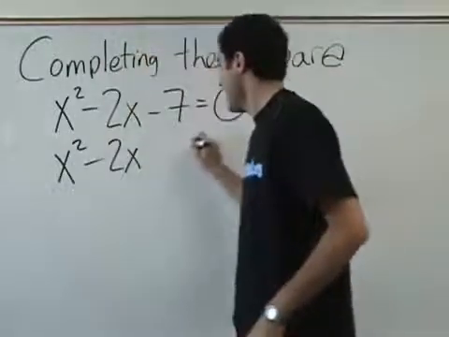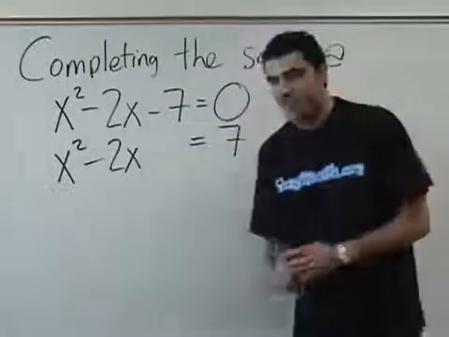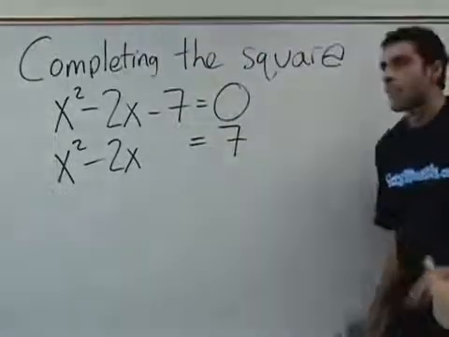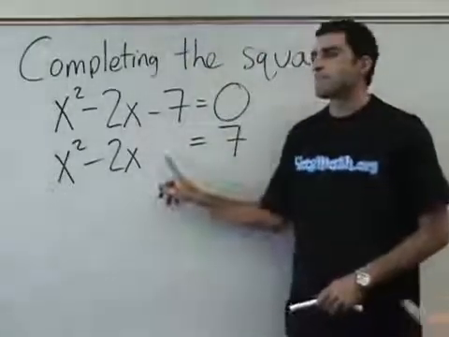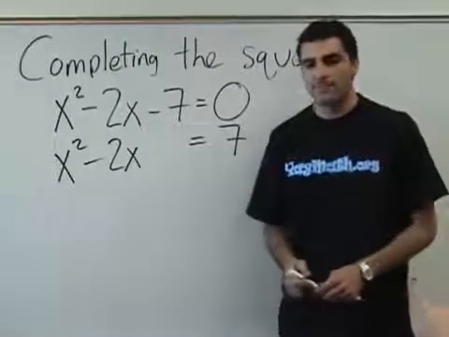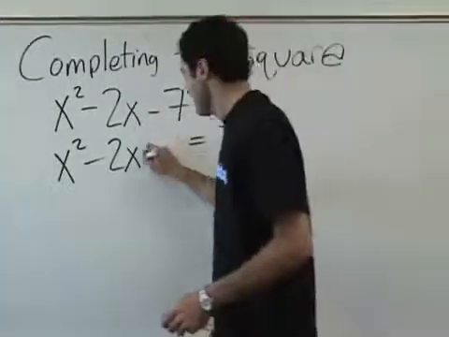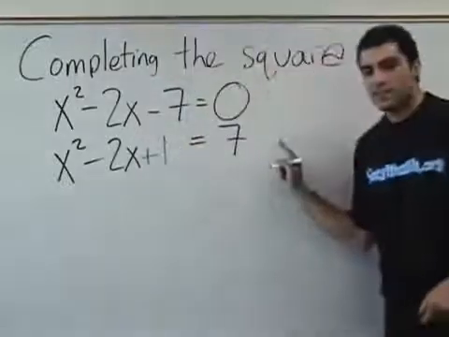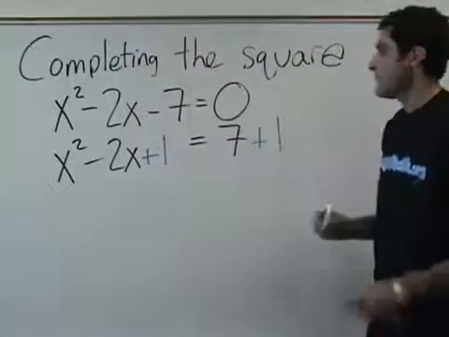And then in the parentheses, negative 2 over 2, and parentheses squared. What's that number? Positive 1. Do we add 1 to here too? Yeah, we do. And so it's x squared.